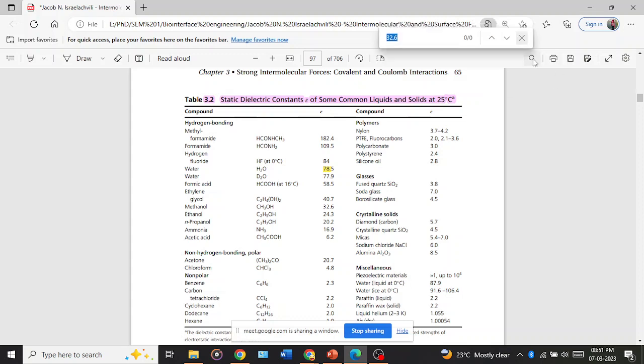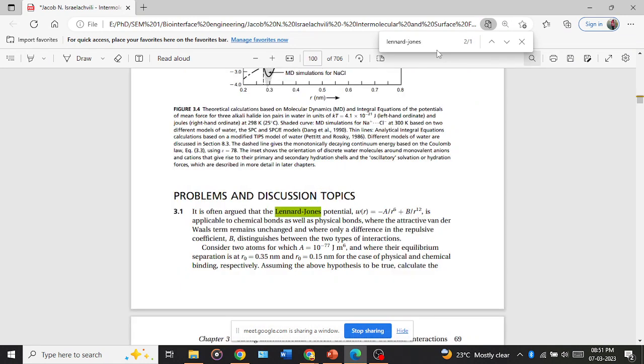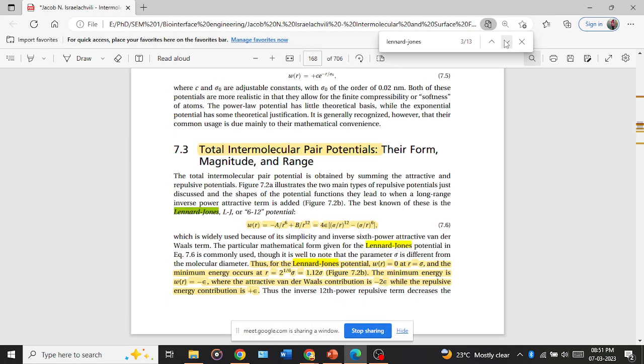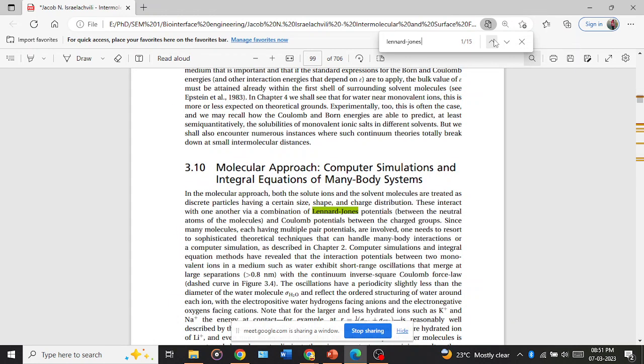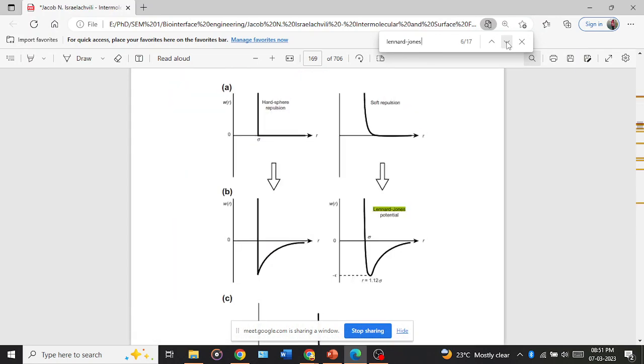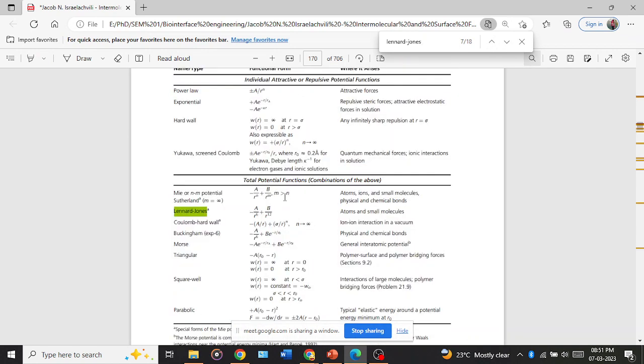Also, a few of the questions are written here. The second and third questions were about the Mie potential, also known as the n-m potential or interaction pair potential, and the Lennard-Jones potential.